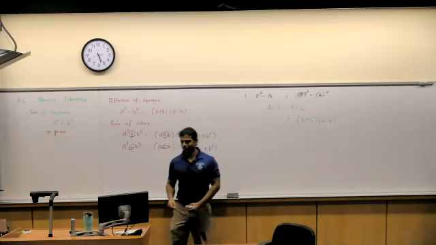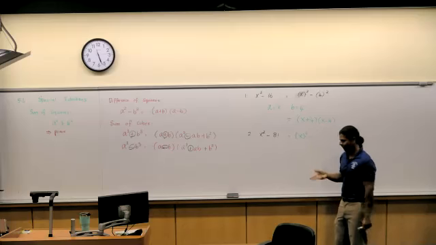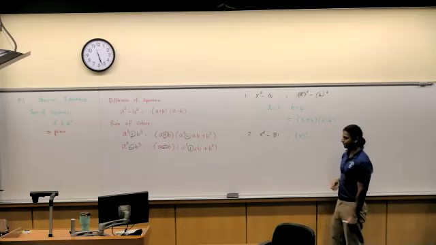x squared is a perfect square to begin with. The only way we would be able to factor this is if 81 turns out to be a perfect square. Is 81 a perfect square? Yes. 9 squared.